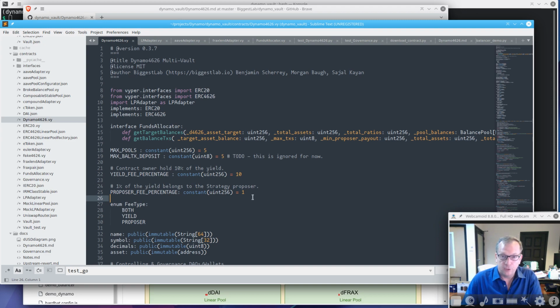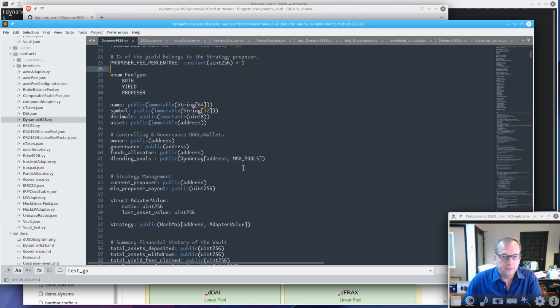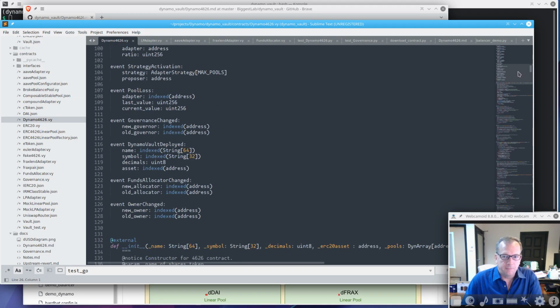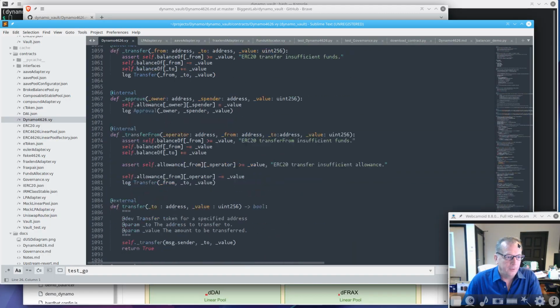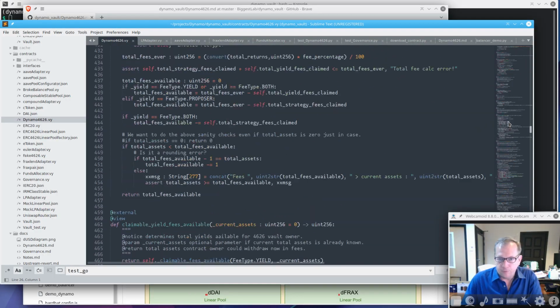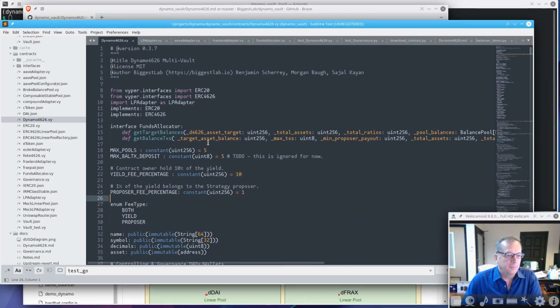And whoever is the strategy proposer gets 1% of whatever fees are earned while their strategy is in place. This contract is about 1,100 lines of well-documented Vyper code, and supports the 4626 protocol completely.